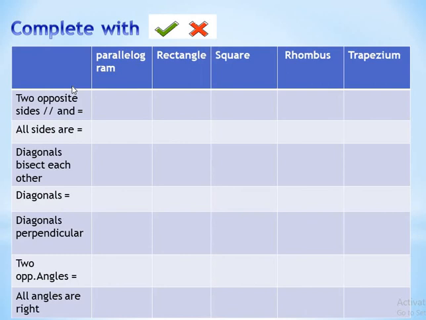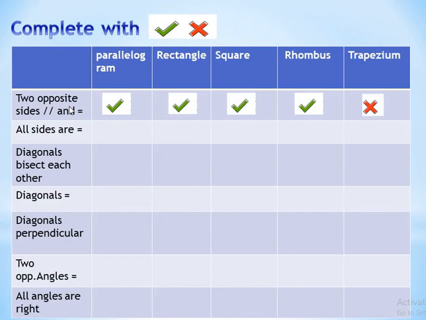Let's see this game, complete with right or wrong. I'll say the property, then you can tell me is this property exist in this shape or not. Two opposite sides parallel and equal. Of course, we know that all the quadrilaterals in this family, parallelogram, rectangle, square, and rhombus, each 2 opposite sides are equal and parallel.